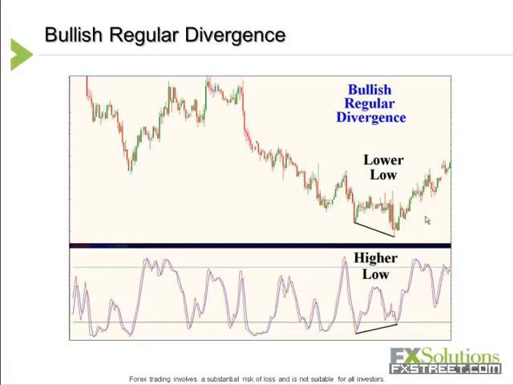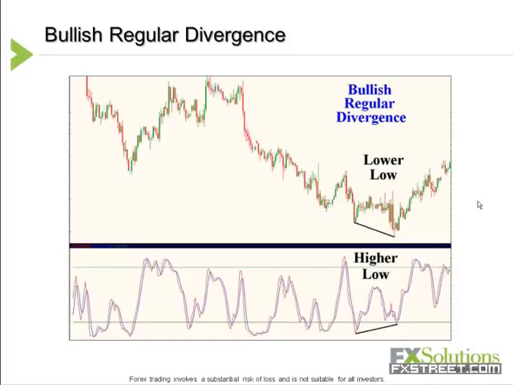Okay, they could be a pullback. We're not absolutely sure when this happens if it's going to turn into a bona fide reversal, or if it's going to turn into just a correction, or just a consolidation. Okay, but this is giving you some key clues that perhaps there might be a change in direction. Okay, so that's bullish regular divergence.